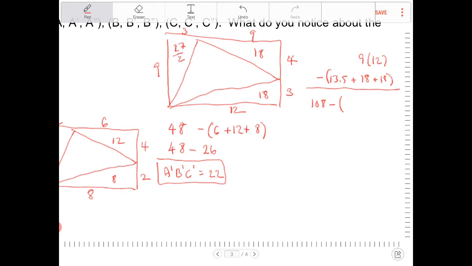What's 36 plus 13.5? So that would be 49.5. And if I subtract 108 by 49.5, I will end up with 58.5. Is that right? Yes. So A double prime, B double prime, C double prime will equal to this.